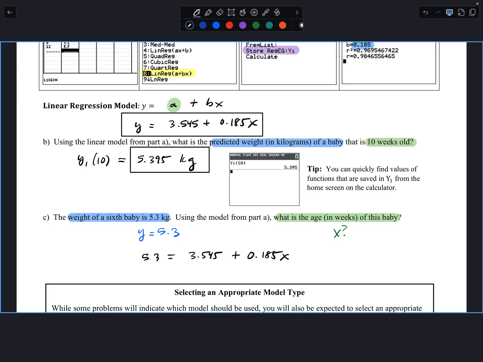Okay, you guys are pre-calculus students. This is a really easy equation to solve. You guys have a calculator. So the only scary part is the decimals, right? But you guys have a calculator. So do you guys agree? I just have to subtract this from both sides and then just divide by that number.